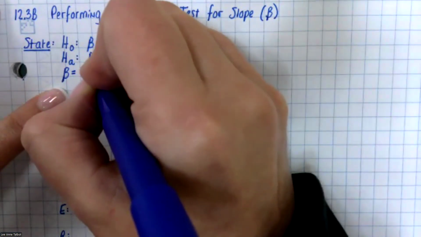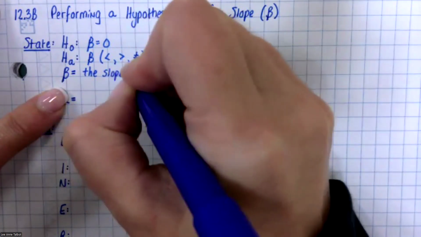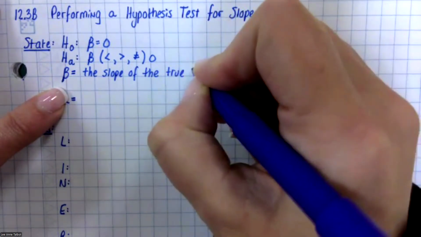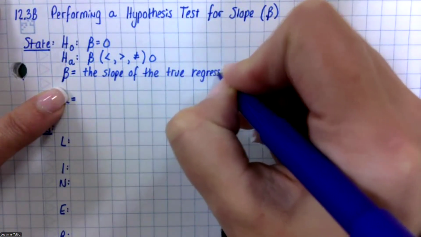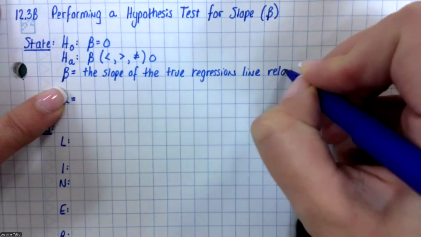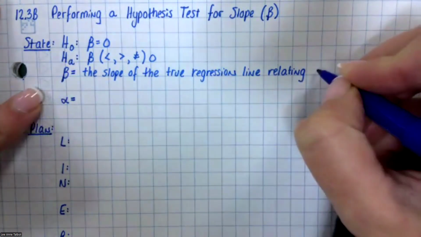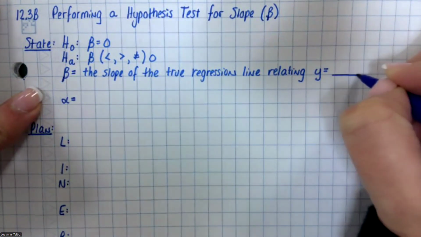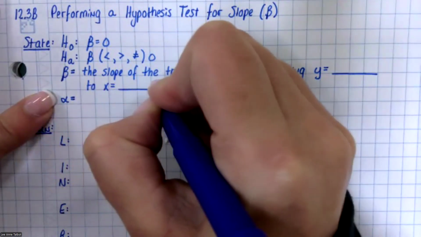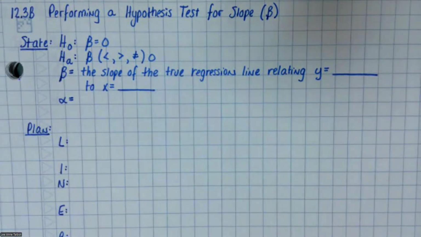So this is the slope of the true regression line relating y equals something to x equals something. And alpha is whatever it is.